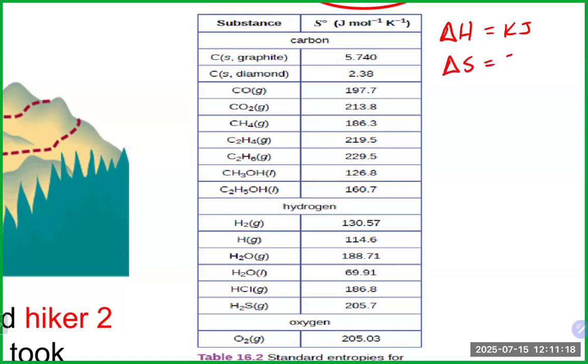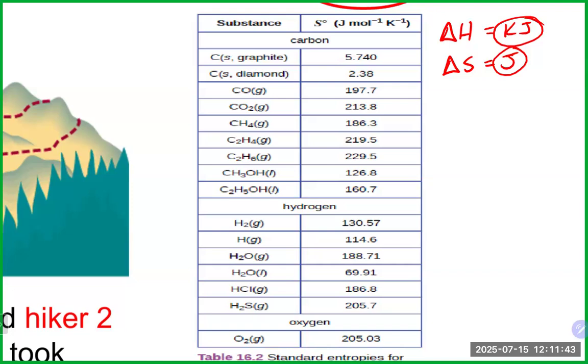Delta S is typically given in units of joules. And we will see a formula where we use both of these together. So you do have to watch out for units a lot in this chapter. You oftentimes have to convert kilojoules to joules or joules to kilojoules. Otherwise, you will find yourself off by a factor of 1,000.